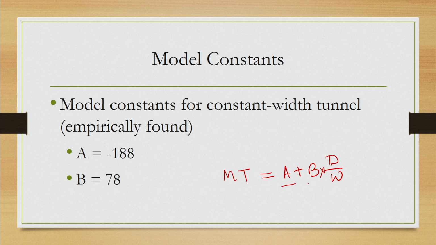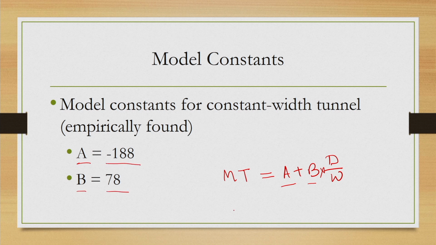Now, A and B, as I said, are constants. So, we need to estimate the constant values. In literature these constant values are reported, which were found after extensive empirical studies, and these values are A equal to minus 188 and B equal to 78.